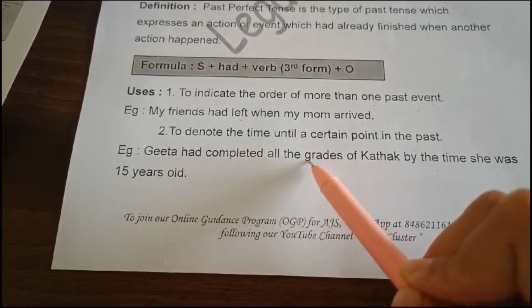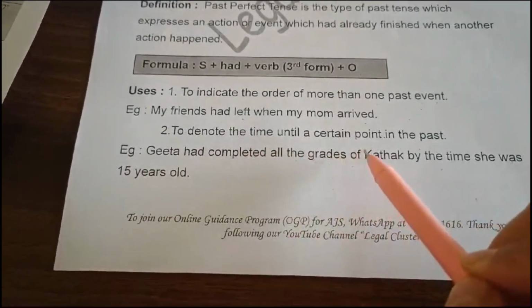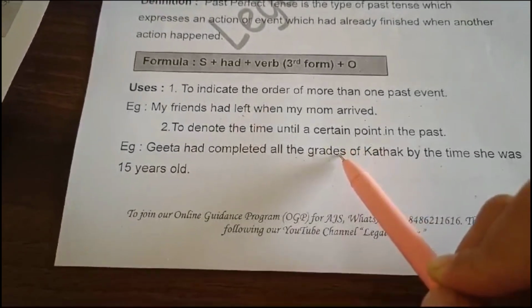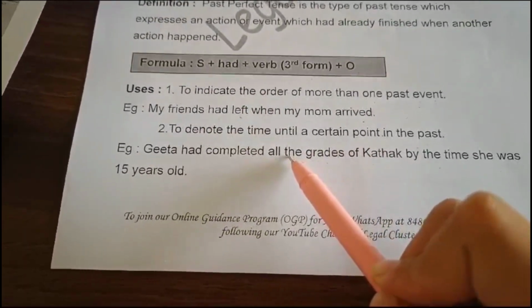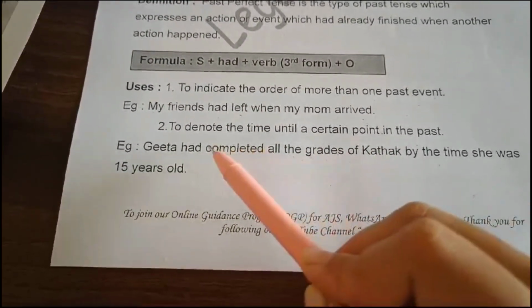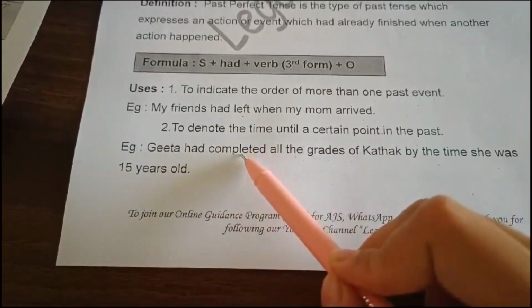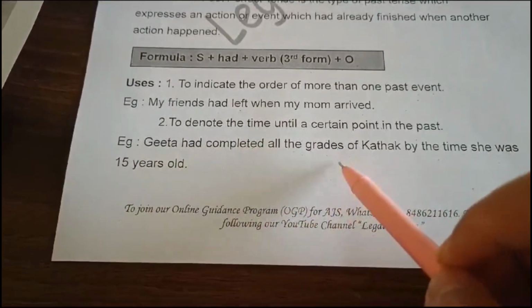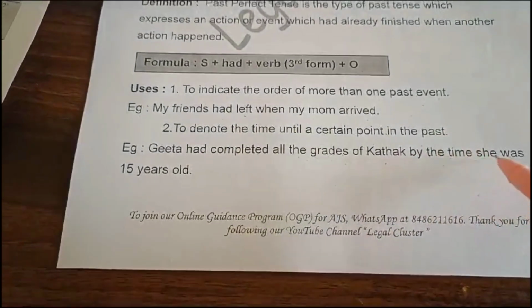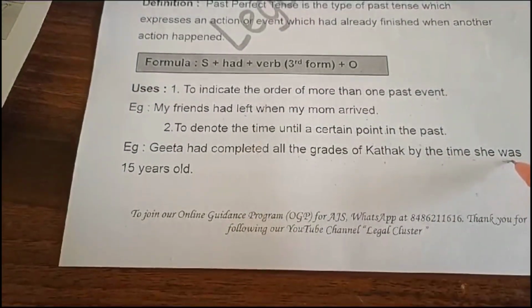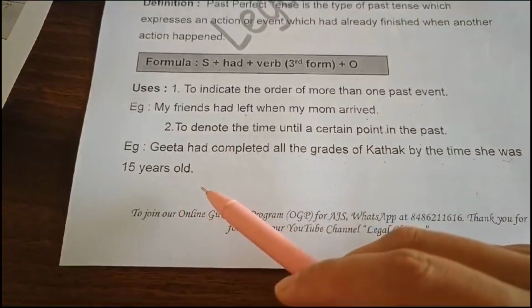So here, completed all the grades of Kathak, in this action we will be using the past perfect tense. So we will be writing: Geeta had completed, past perfect tense, all the grades of Kathak by the time she was, this is simple past, 15 years old.